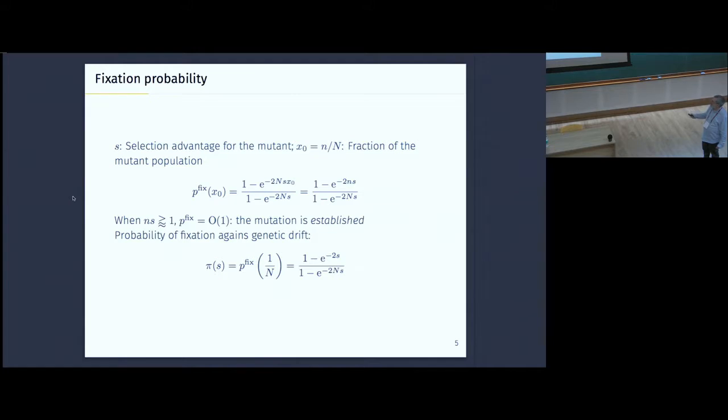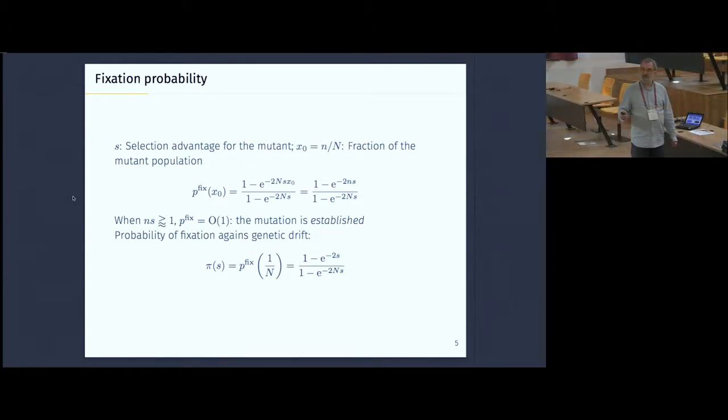We haven't derived it, but I just told you that the probability of eventually going to fixation is given by this fundamental formula: (1 minus e to the minus 2 n s x0) divided by (1 minus e to the minus 2 n s), where s is the fitness advantage. And what I wanted to stress is that if you multiply n times x0, what you find is small n, which is the number of mutants in the population.